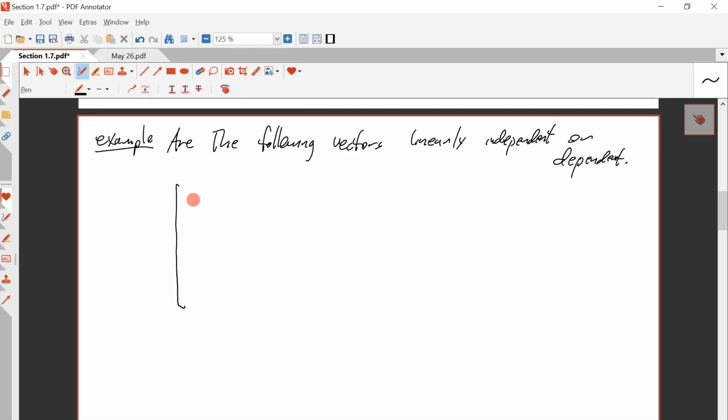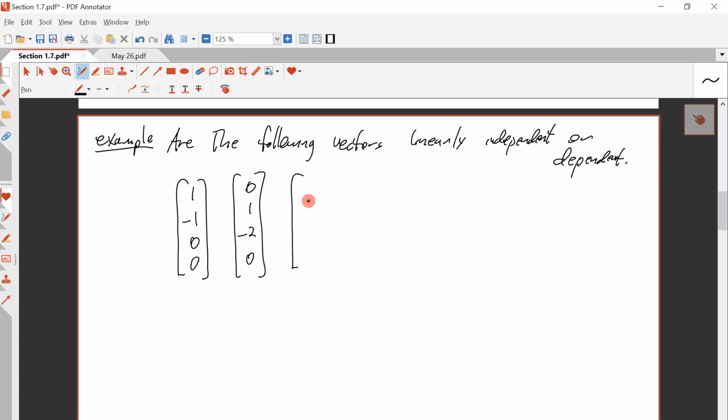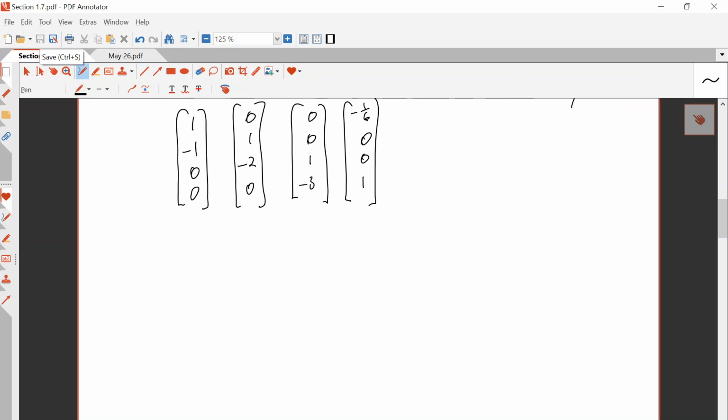And I've got vectors 1, minus 1, 0, 0. 0, 1, minus 2, 0. 0, 0, 1, minus 3. And minus 1/6, 0, 0, 1. And so I've got these four vectors here, and I'm asking, are they linearly independent or linearly dependent?